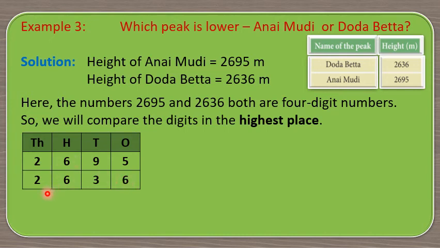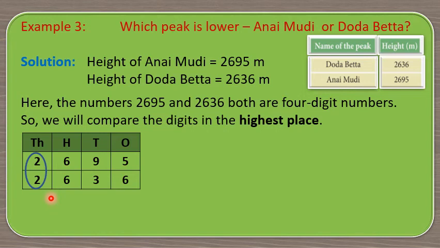So let us compare the digits in thousands place. When we look at the digits in the thousands place, we find here that both are 2.